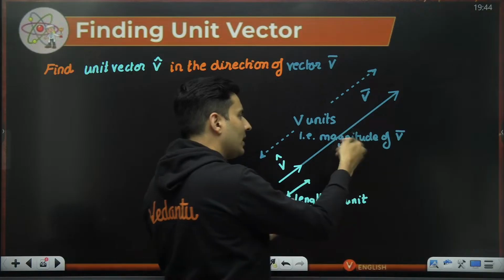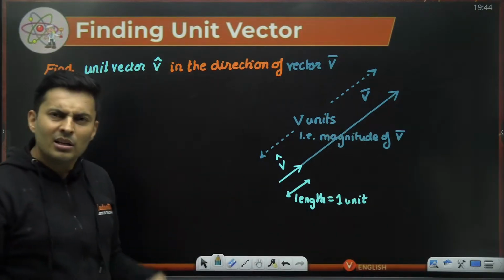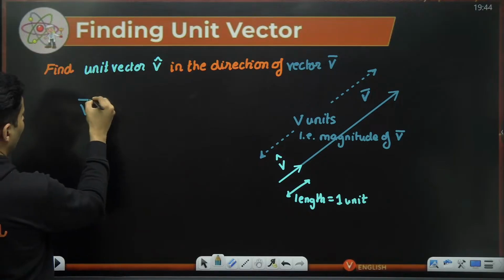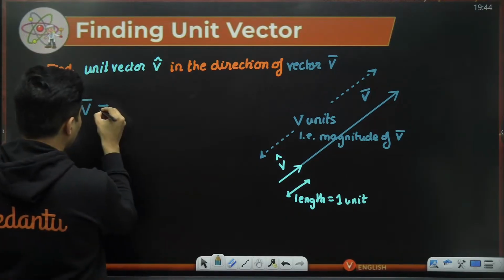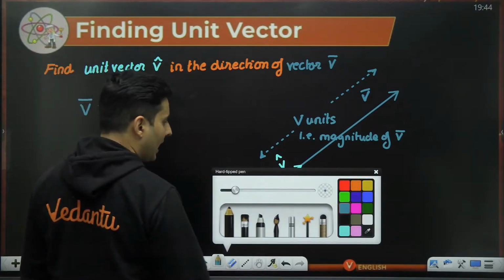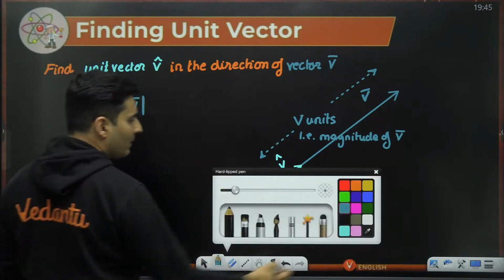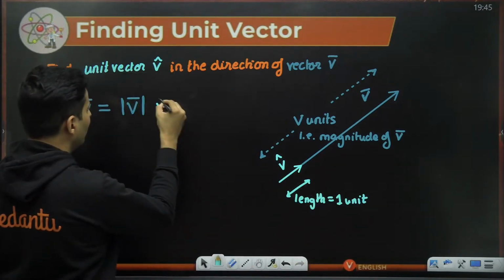So the magnitude is basically the length. So this gives me a clear-cut picture that v vector is nothing but, you take the magnitude of it, and multiply it by that unit vector.